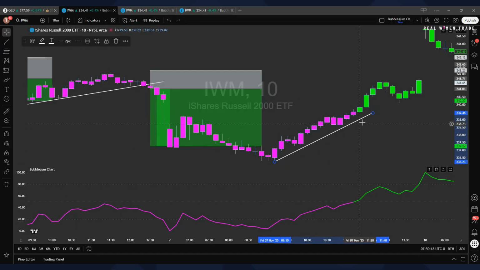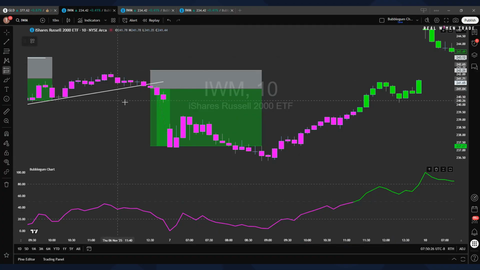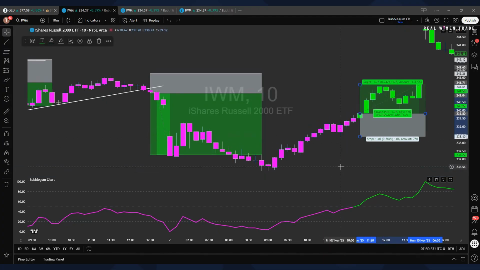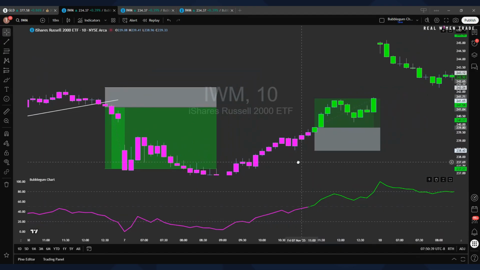But right here, our bubble flow turned green. So we could have gone long at the close of the candle. And I would put my stop at this swing low, so about right here. And we are getting close to the end of the day.